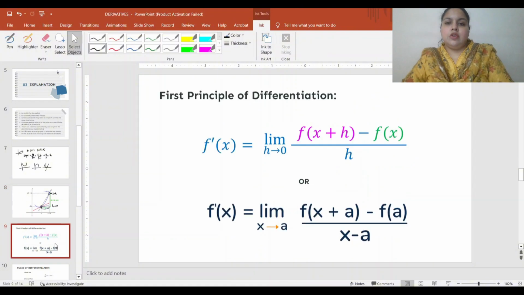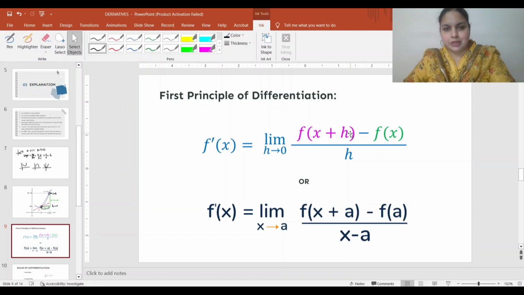So this is the first principle of differentiation, which is limit h tends to 0 of f(x plus h) minus f(x) upon h. Again, you can relate it with the formula of slope. Since it was delta y over delta x, in a similar way you subtract the second point minus the first point.